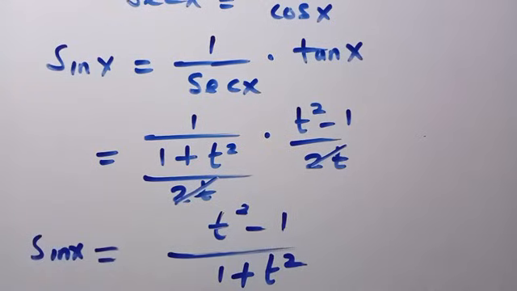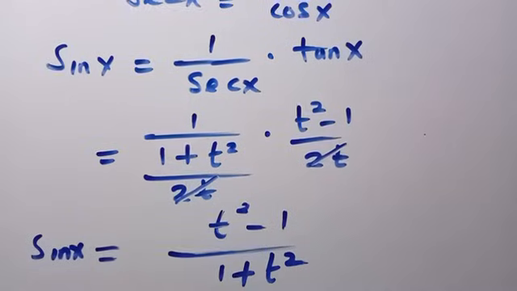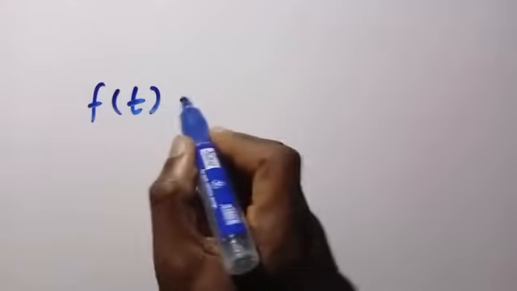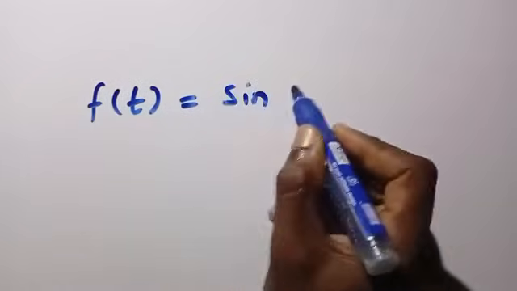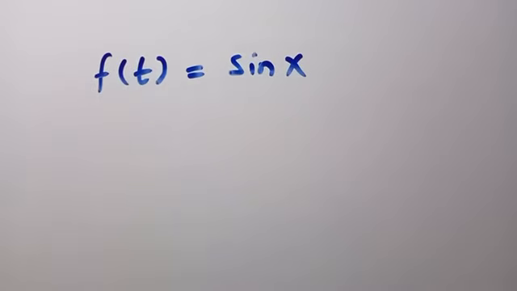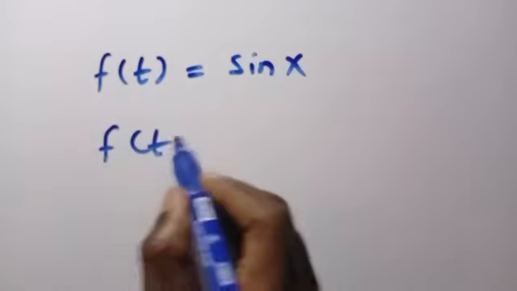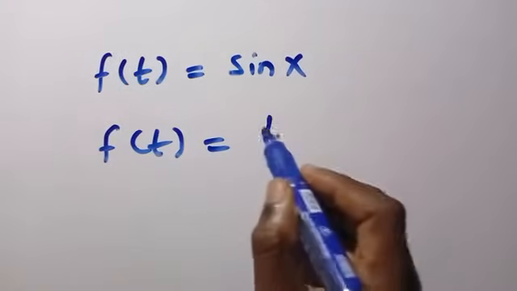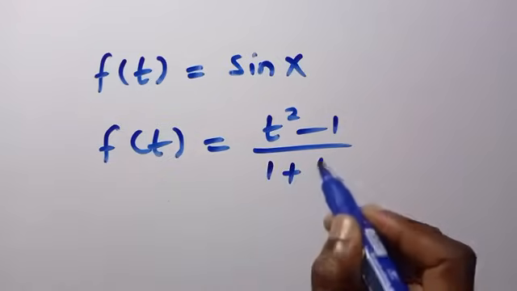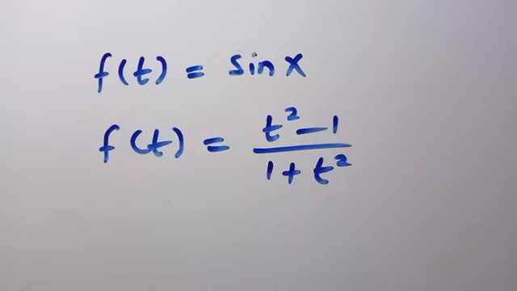Since we have gotten this, the next step is to find our f of x. Let's recall that in the first place, we have f of t equals sine x. And sine x has been derived to be t squared minus 1 divided by 1 plus t squared.